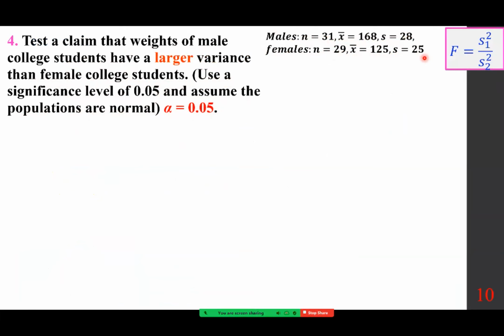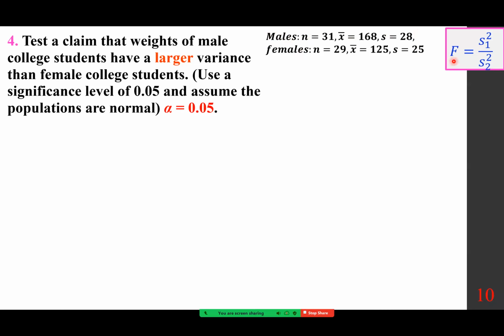We are going to use the test statistic S1 squared over S2 squared. We are going to use the F distribution. Because of the limitation of the F distribution, everybody, we always choose the two groups such that the one with the larger S is the first group. For the sake of argument, if this was given as the second group, you would change it yourself to the first group. Again, the F distribution is very limited.